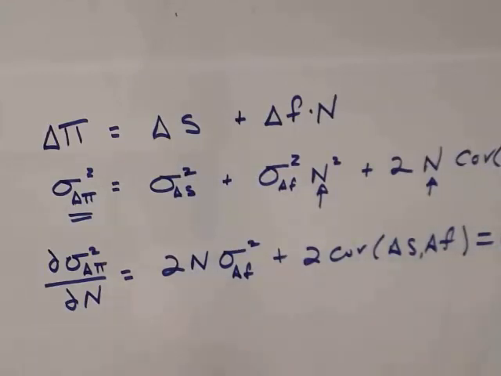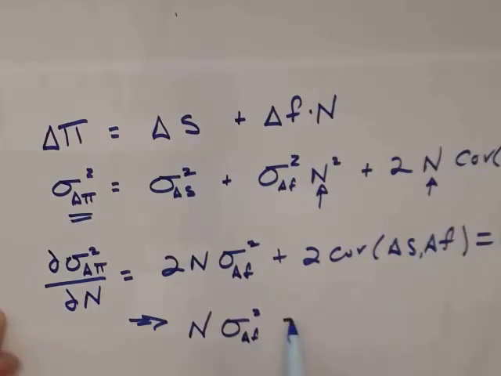Again, you don't need to know that, but when you get done with the math, you get n, and you have to be careful, there's a negative sign that pops in here. So we get n σ squared ΔF equals the negative of the covariance of ΔS and ΔF.